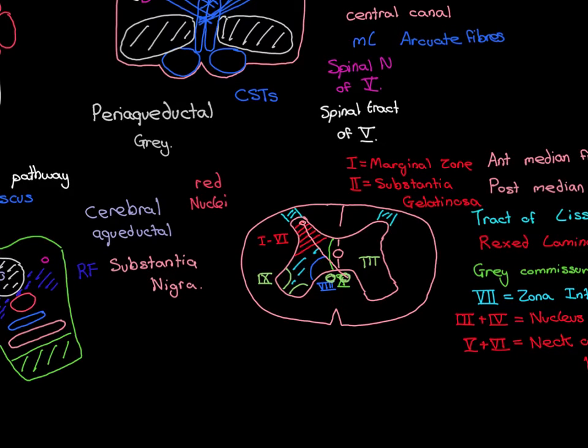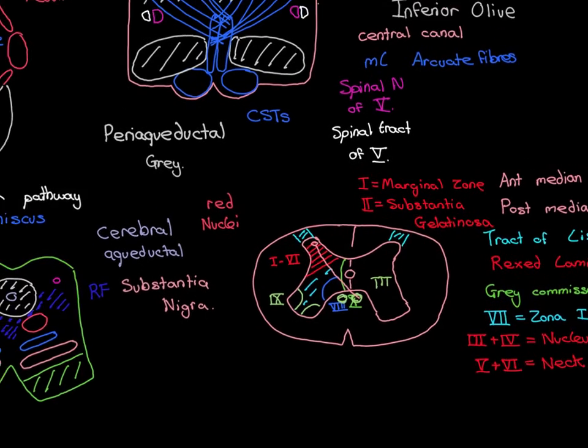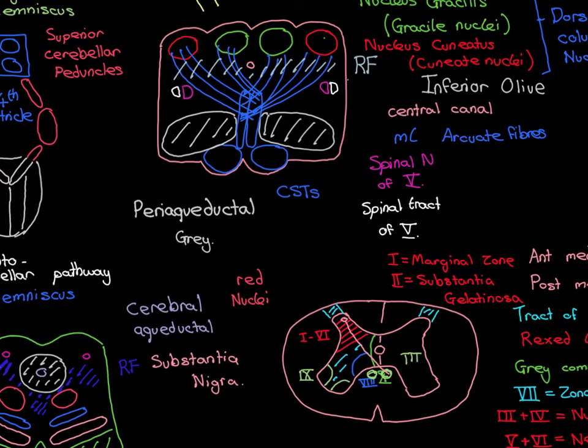Equivalently for the left-hand side, if we had a second-order neuron in the left trigeminal spinal nucleus, its axon will cross over into the right trigeminothalamic tract and ascend up in it. So that's where the trigeminothalamic tracts are throughout the spinal cord.